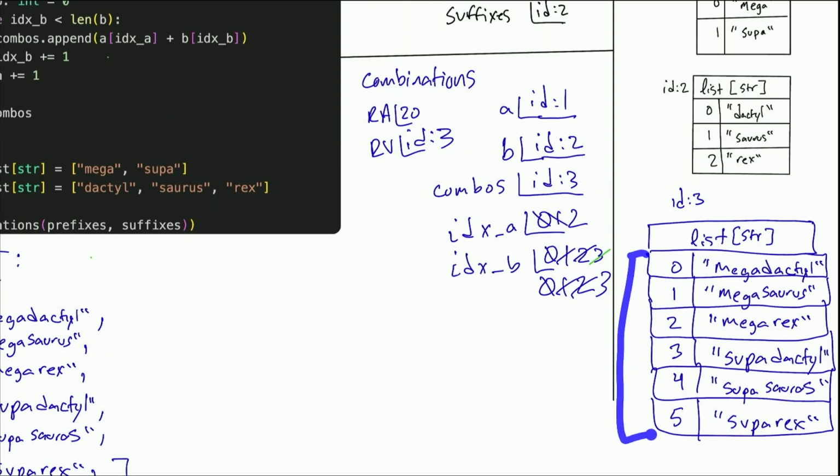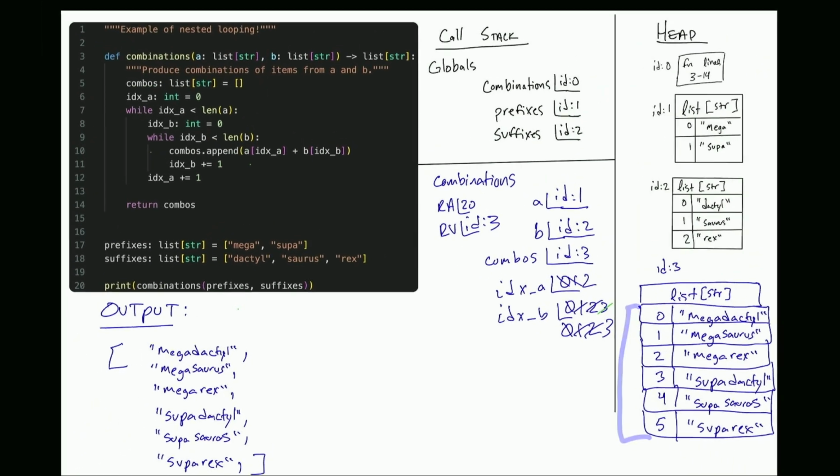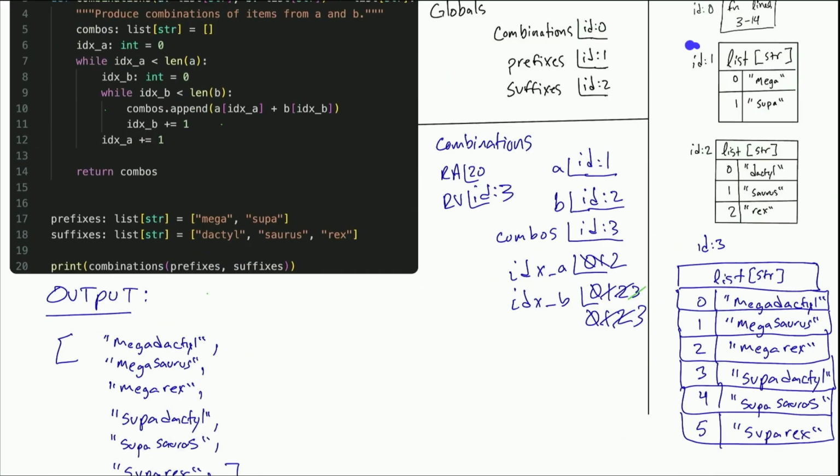Our output list has 6 items, and there's some intuition here, right? How many combinations of these 2 prefixes and suffixes lists can we make? Well, this is a length of 2, this is a length of 3. You multiply these because we're visiting each of them in each combination of them.